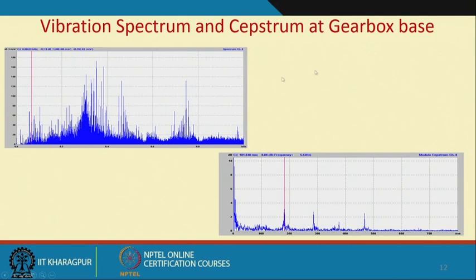Another, at gearbox base, you see a lot of sidebands are there. Okay. So if somebody asks, what are the frequencies, it will be very difficult. But if you look at these peaks here, and sometimes some of them have harmonics, you will see that this distance is actually in time domain. This is in frequency here, this is in time domain here. So the inverse of this time would be the speed corresponding to that device, and this is how Cepstrum helps us remove the effect of one signal over the other.